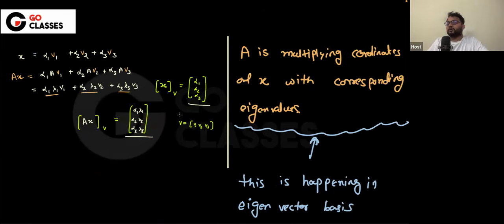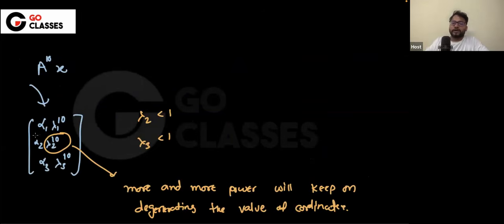In a standard basis you cannot directly visualize it, but in the eigenbasis at least you can. And the more you keep on taking the power, some of the coordinates will keep on reducing, and if the eigenvalue is greater than 1, some of the coordinates will keep on increasing. So that is what is happening if you multiply a matrix with a vector.